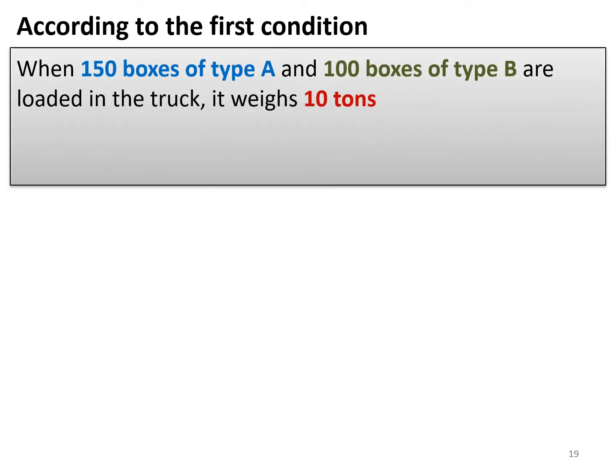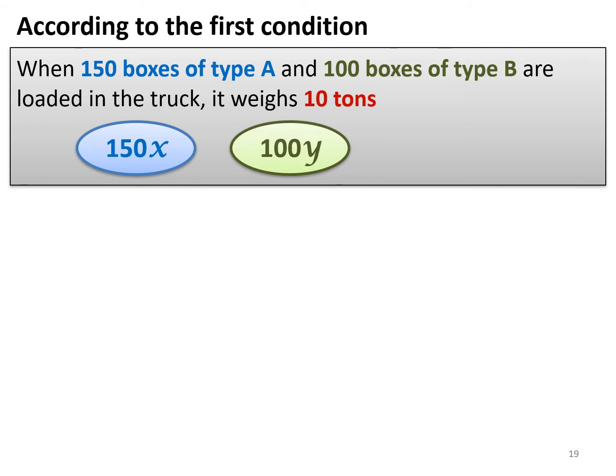According to the first condition, when 150 boxes of type A and 100 boxes of type B are loaded in the truck, it weighs 10 tons. 150 boxes of type A is nothing but 150x. 100 boxes of type B is nothing but 100y.